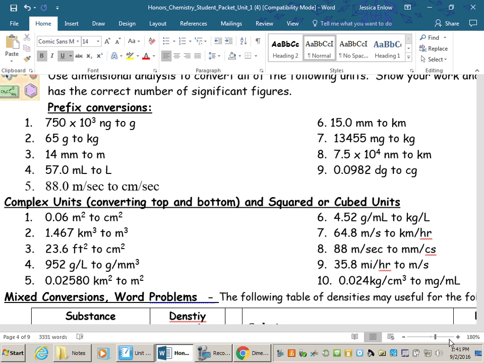Or wouldn't it be 0.07 because there's only 1 segment? Oh, just kidding. 0.065. Yeah.